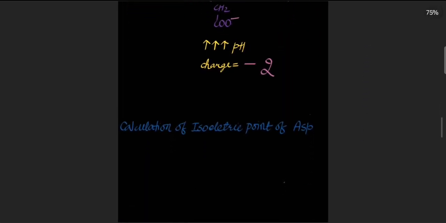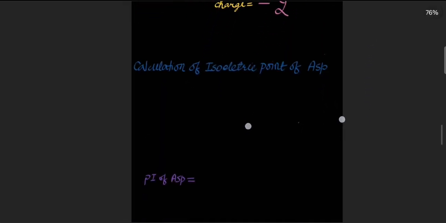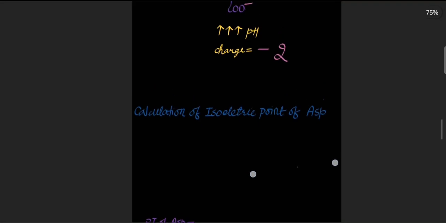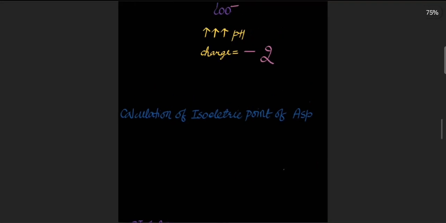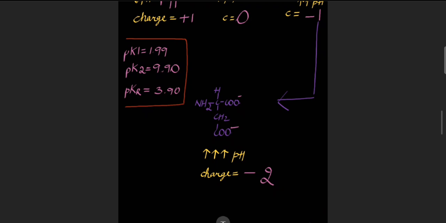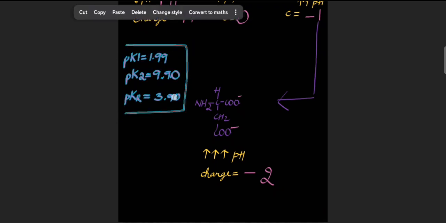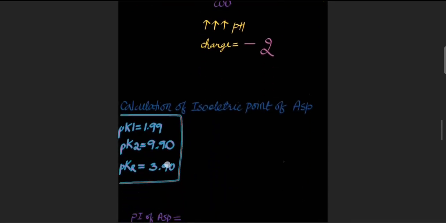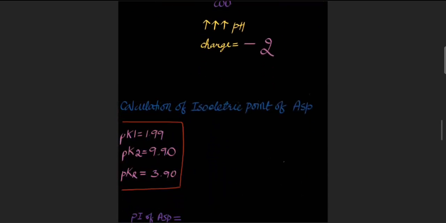Okay, so now let us calculate the isoelectric point of aspartate. We already know the values, right? So we're just going to take these values again, and then we're going to see how to calculate the isoelectric point.